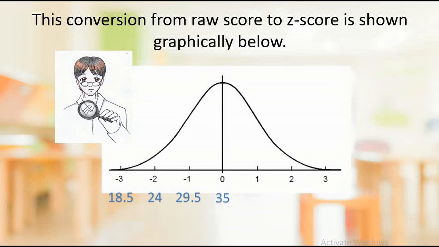So 35 plus 5.5 is 40.5, 40.5 plus 5.5 is 46, 46 plus 5.5 is 51.5. Then we will locate negative 2.18. So it is here. And also 23 is located there also.